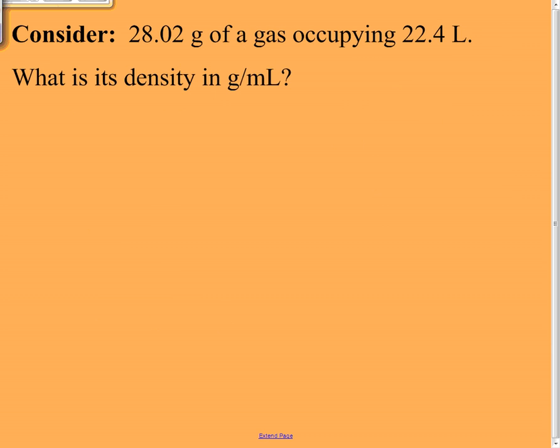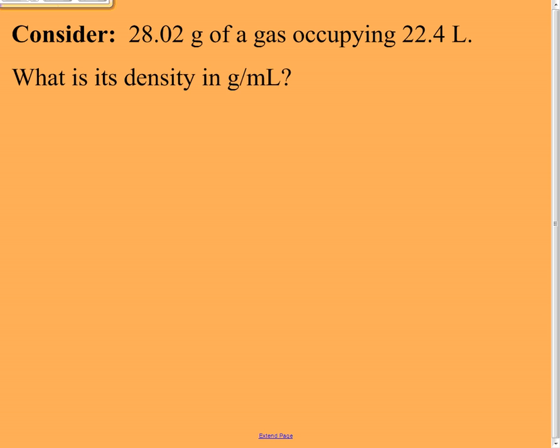Moving on. Next, we have 28.02 grams of a gas that occupies 22.4 liters. What is its density? Okay. We want to talk about one intensive property here in a little more detail, and that is the density.